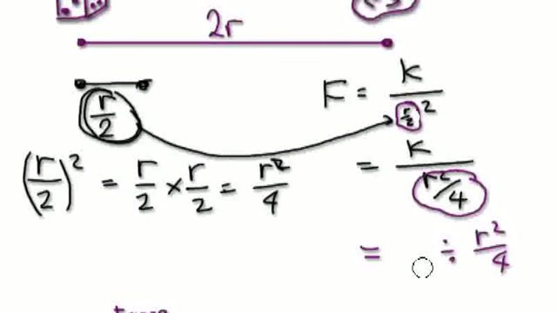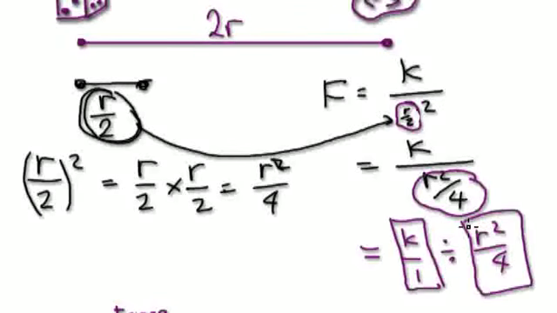Now turn this K into a fraction, so it becomes K over 1. Turn the K into a fraction. So here you've got a fraction dividing another fraction.